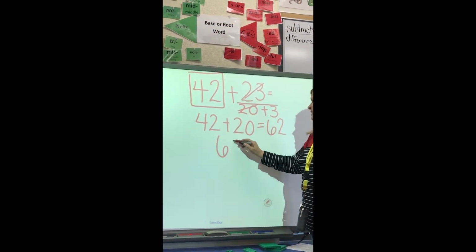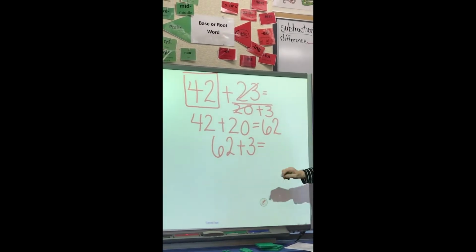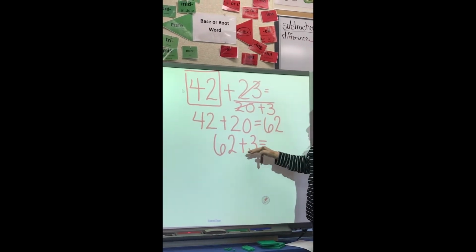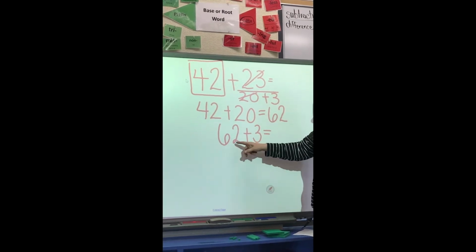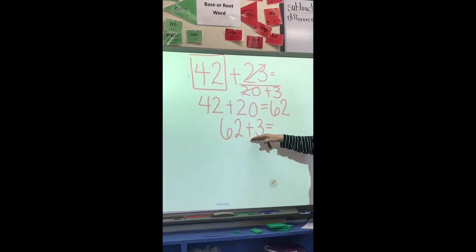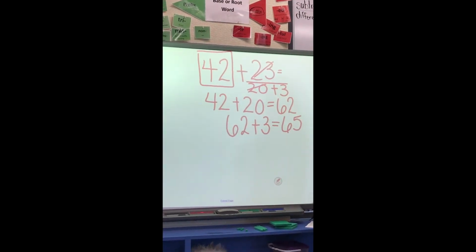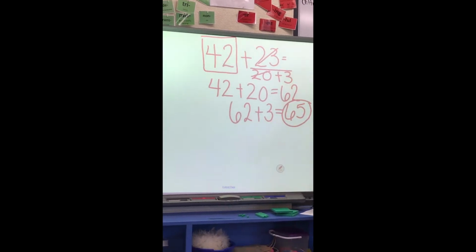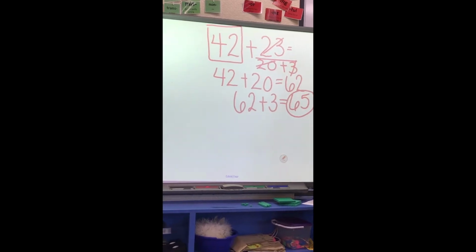So I take 62 plus 3. And students know that 2 plus 3 is 5. So once they know these basic addition facts to 10, they say, well, if I know 2 plus 3 is 5, I know that 62 plus 3 is 65. And we always tell kids that good mathematicians circle their answer so that we know what their answer is. And we cross that out.